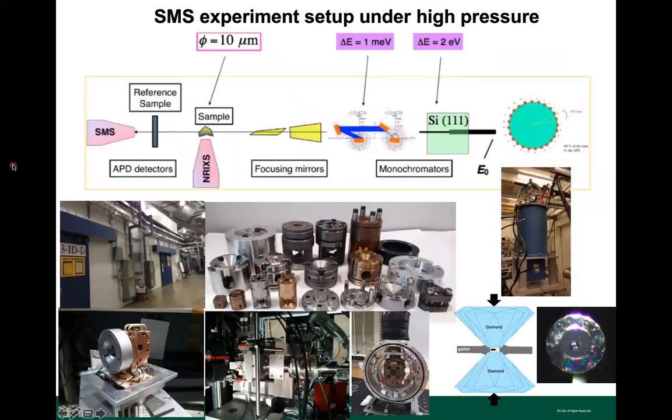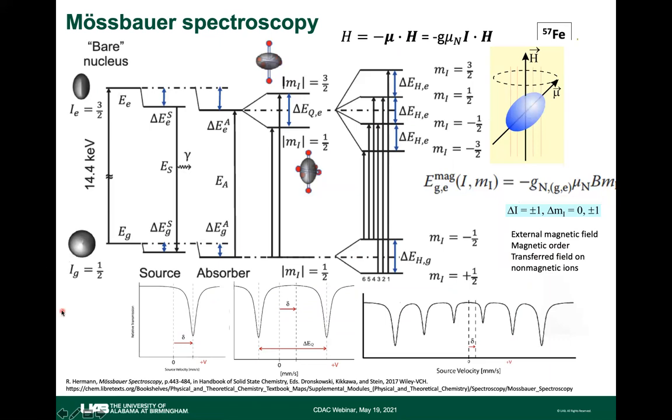Okay, and at the synchrotron beamline, how do we do this experiment? Let's go back for one second. Here you see we need a source, typically a gamma ray, to excite the nucleus to the excited state.